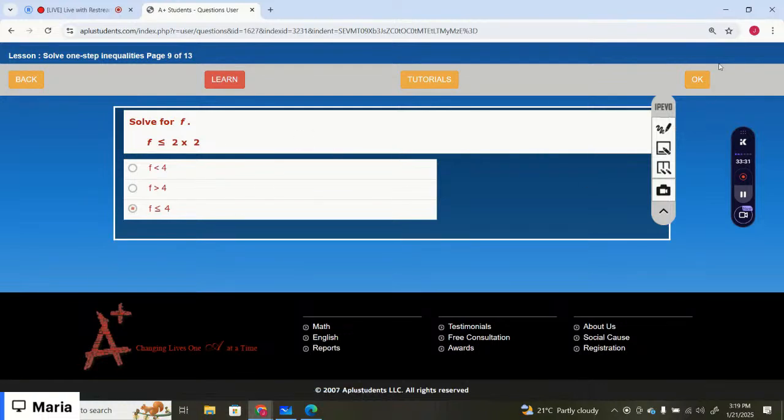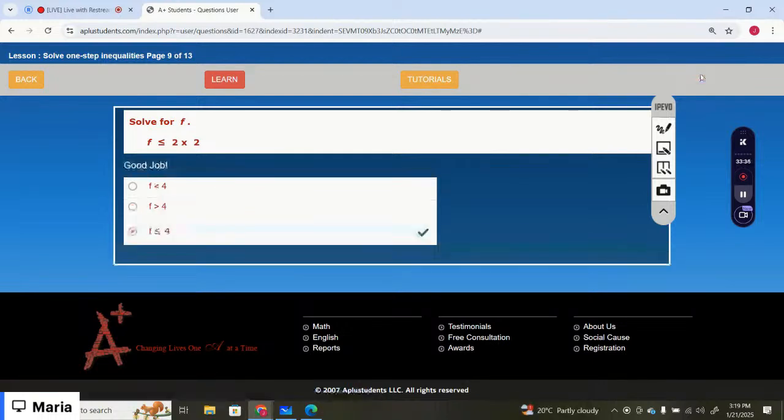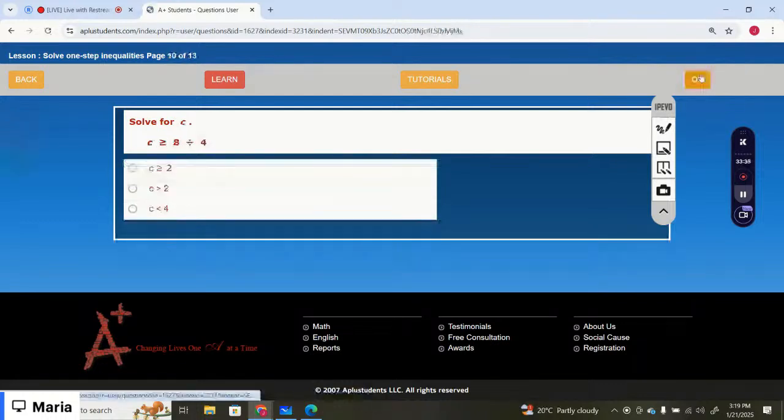Option number 3 is the correct option. c is greater than or equal to 8 divided by 4.